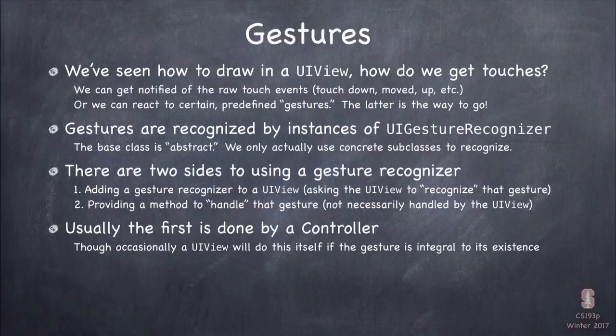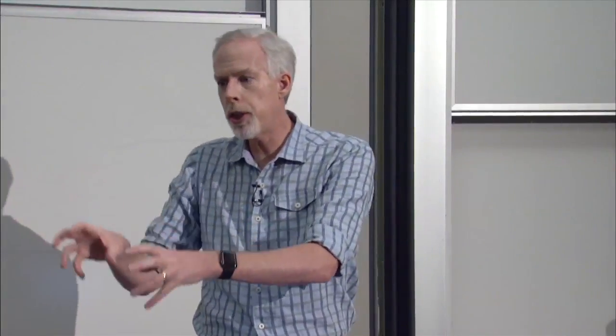Now, the adding of the gesture recognizer is done with a method called addGestureRecognizer in UIView, and that method is usually called by controllers. Why do controllers call that? That's because a controller wants to control whether the things in its view recognize certain gestures. They might want to turn off certain gestures or not turn on certain gestures. So the controller is often controlling that.